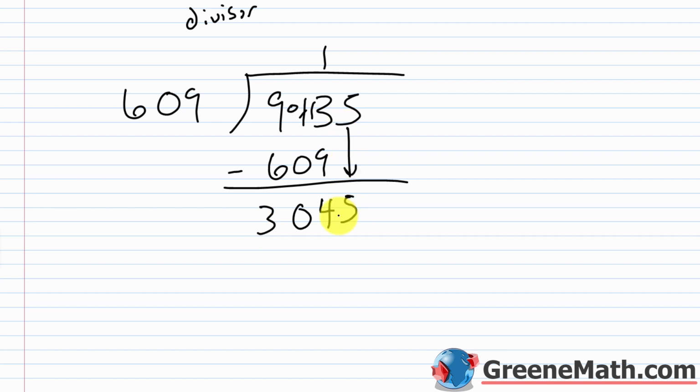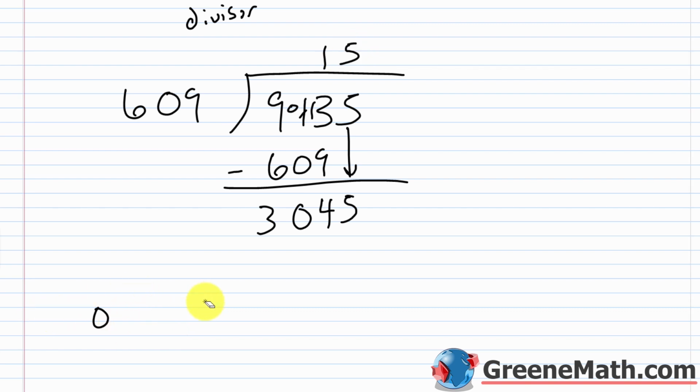So we have 609. How many times is that going to go into 3,045? Well, you can eyeball this and see that it's going to work out perfectly, right? Think about 609 as 600 plus 9. If I multiply 600 times 5, I get 3,000. If I multiply 9 times 5, I get 45. So that tells me that what I'm looking for here is a 5.